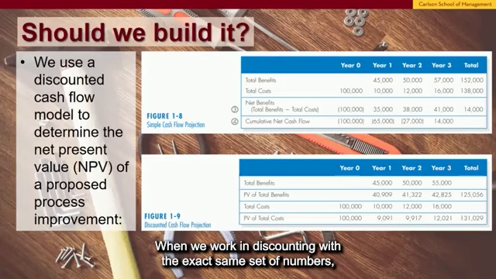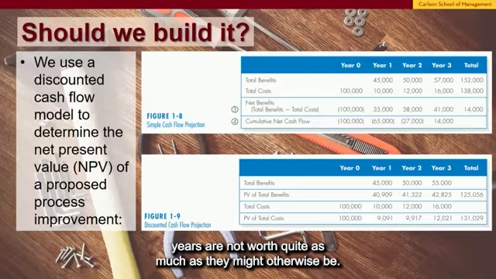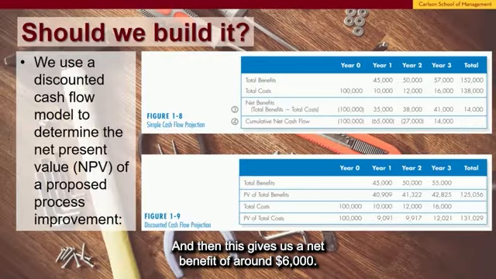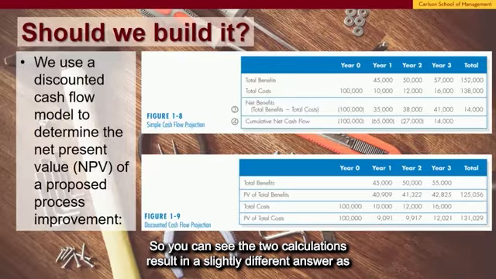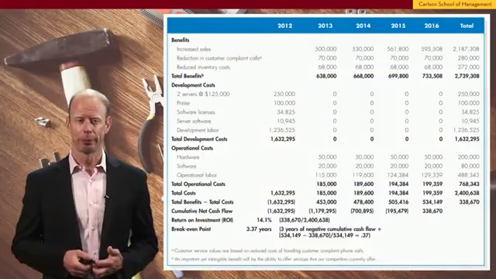When we work in discounting with the exact same set of numbers, you can see that the benefits as well as the costs in future years are not worth quite as much as they might otherwise be. And then this gives us a net benefit of around $6,000. So you can see the two calculations result in a slightly different answer as to the NPV, or the net present value, of this particular system.